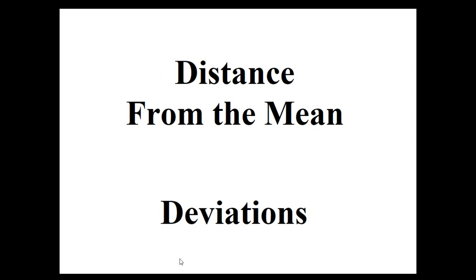It tells you how far someone's score is from the mean. And the deviation tells you whether that score is above or below the mean. A deviation is positive if the original score is above the mean, and a deviation is negative if the original score is below the mean. So deviations can be positive, negative, or zero.